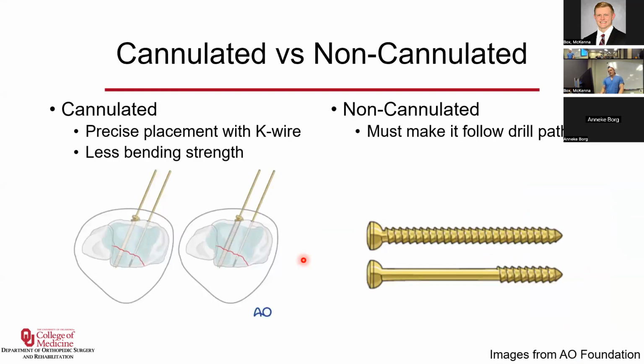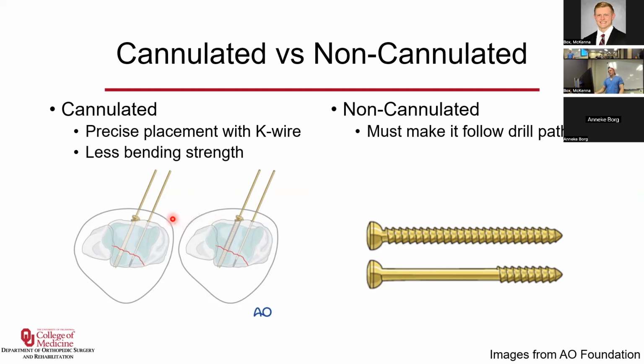As I was mentioning with cannulated screws versus non-cannulated screws, cannulated screws have a hole down the middle. They allow precise placement of screws with K-wires. We have some K-wires back there that we can also show you all later. You put in a K-wire, which allows you to drill directly over the K-wire and put the screw over it in the trajectory that you want.